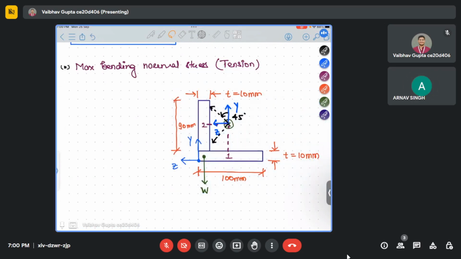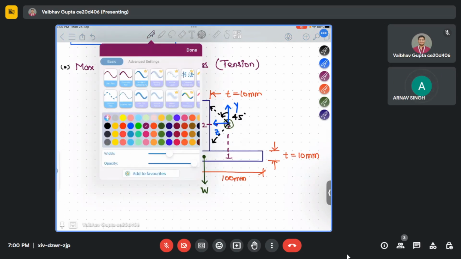See, this is our figure, okay? And this will be our neutral axis. I'll change the color.